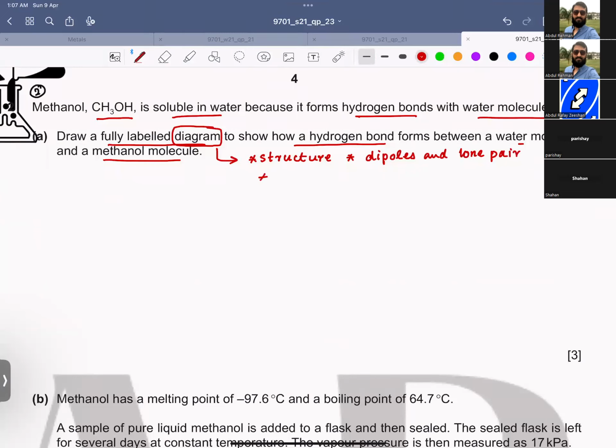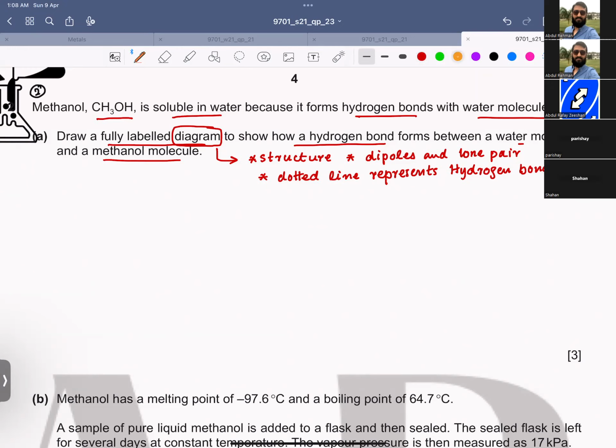And the third thing you need to show is the dotted line, which represents the hydrogen bond. Make sure these 3 points are shown correctly to get all the 3 marks.